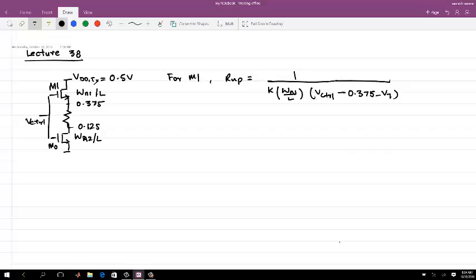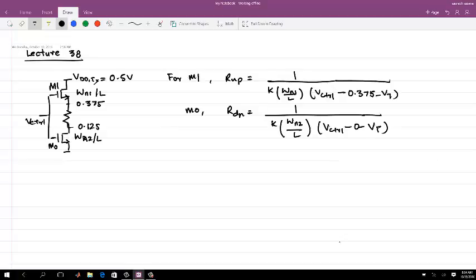For M0, which is R down, this is K WN2 by L into the same V control 0 minus Vt. So you can see that even if I have a different gate overdrive for the two, if you have a different width for both of them, then you can still maintain that R up equals R down equals 50 ohm.